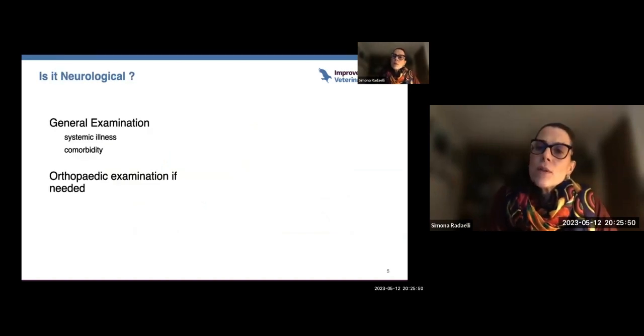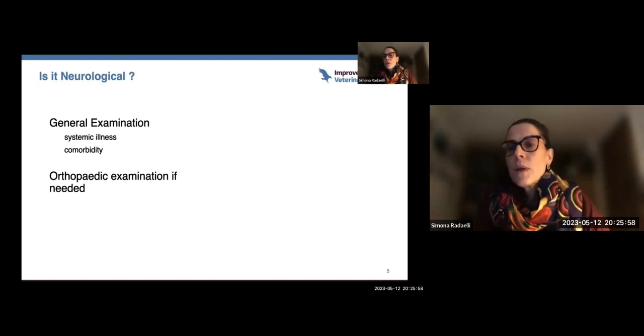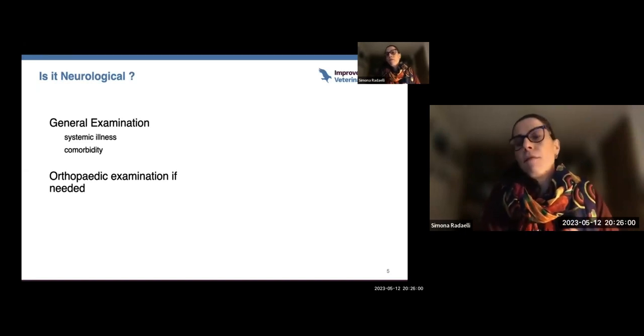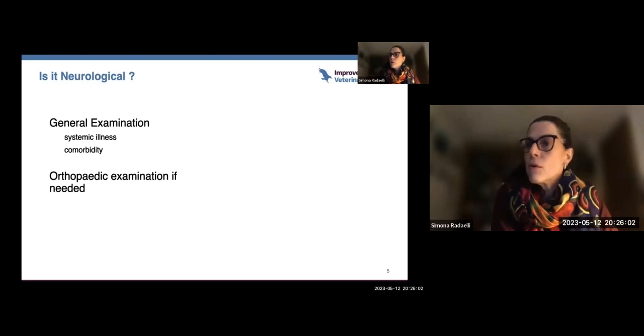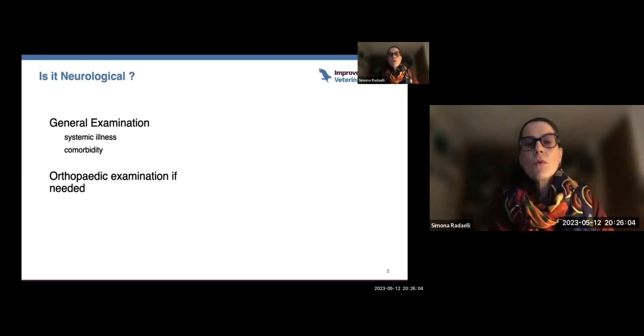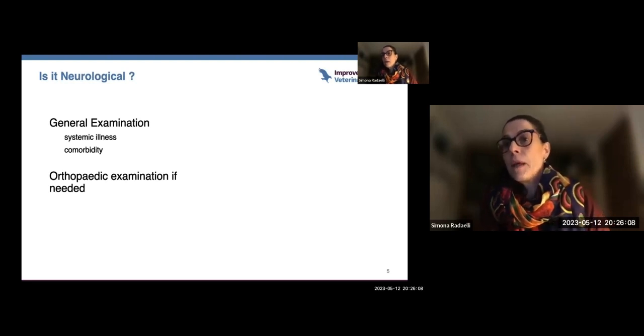To answer the question, is it neurological, we mustn't forget to do a general examination. General examination is important because we need to make sure the animal doesn't have a systemic illness that can be the cause of the clinical signs, or that can be a comorbidity that could be important.